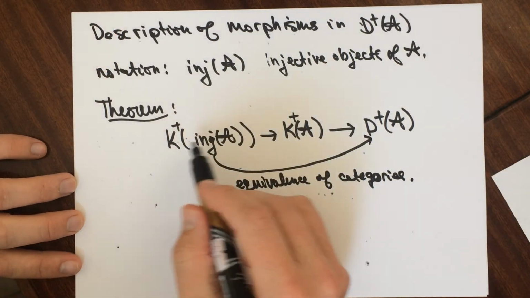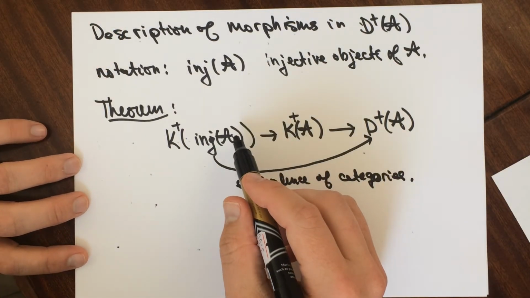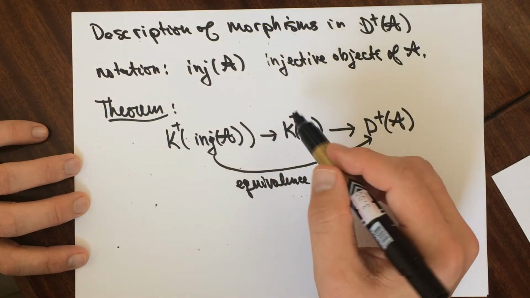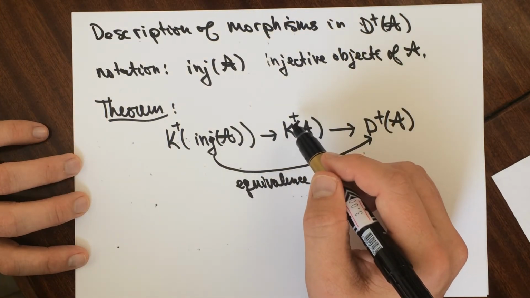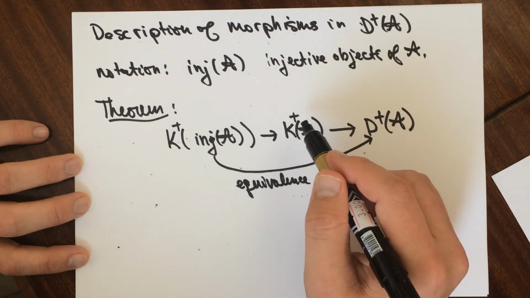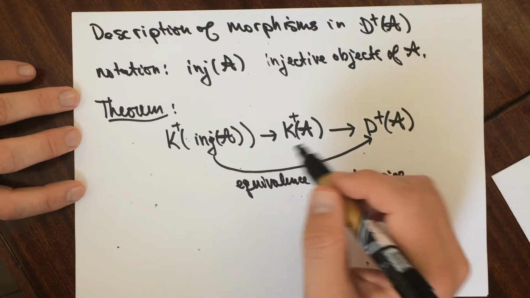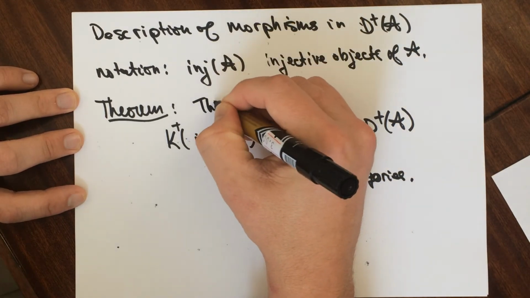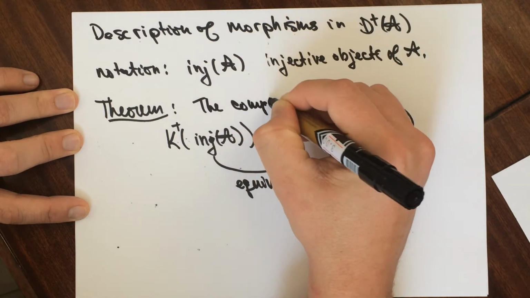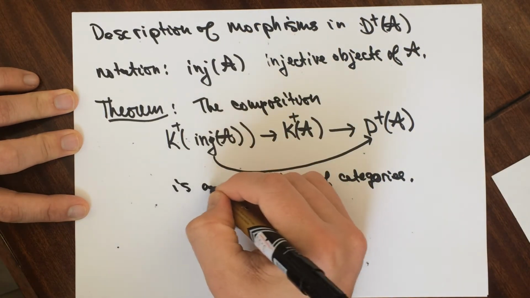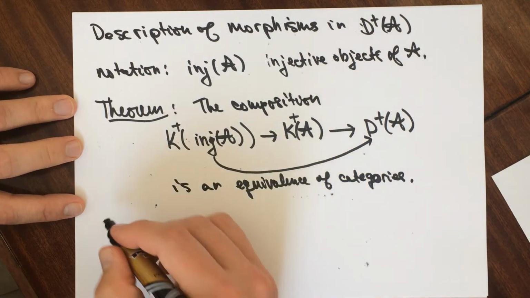So we have these injective complexes where the negative degrees are 0, and we have all the complexes where the negative degrees are 0, and we claim that the composition is an equivalence of categories.